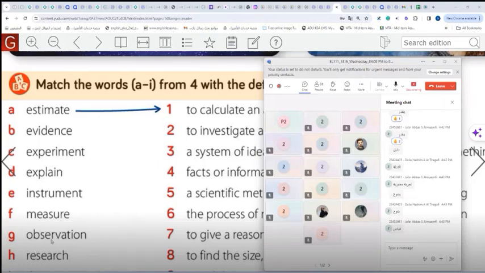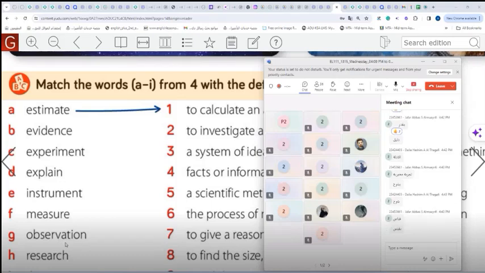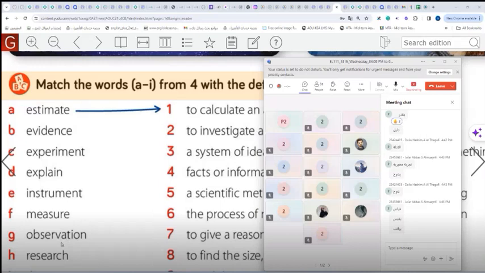What about observation? مراقبة. ملاحظات. Okay. Observation or observations? ملاحظة. Yes, right. So what about research? بحث.